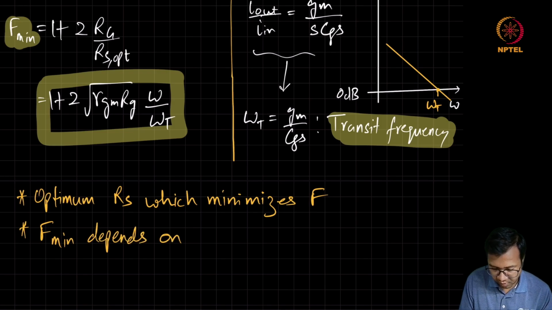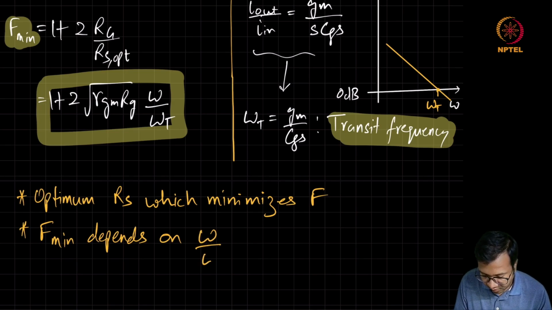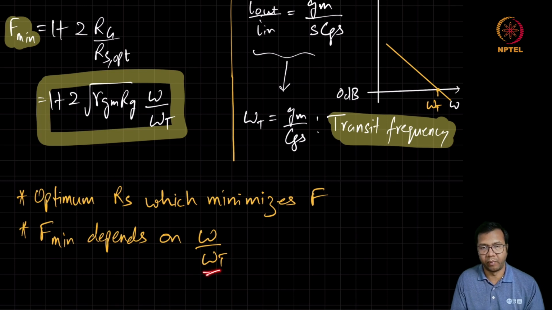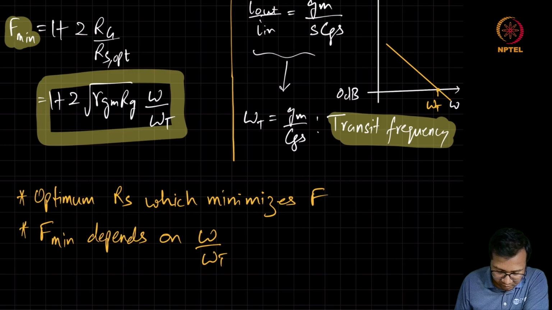The minimum noise factor depends on, in addition to the other factors, the ratio of omega with respect to omega t. So if you are working in a process which has much higher omega t, by default your minimum noise figure possible using this common source amplifier will reduce. So both of these points are really important.